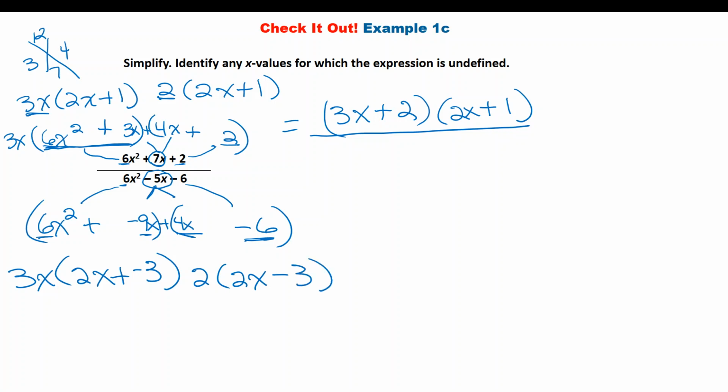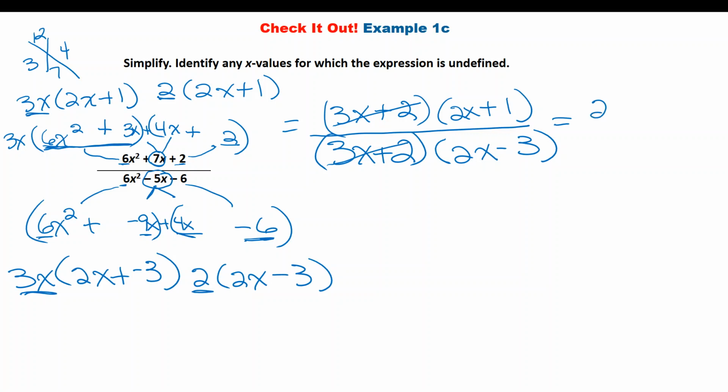So the factored version on the top is going to be 3x plus 2 again. Here's my 3x plus 2, and then 2x minus 3 on the bottom. So I can see that I can actually divide out to simplify those two, and that leaves me with 2x plus 1 in the numerator and 2x minus 3 in the denominator.